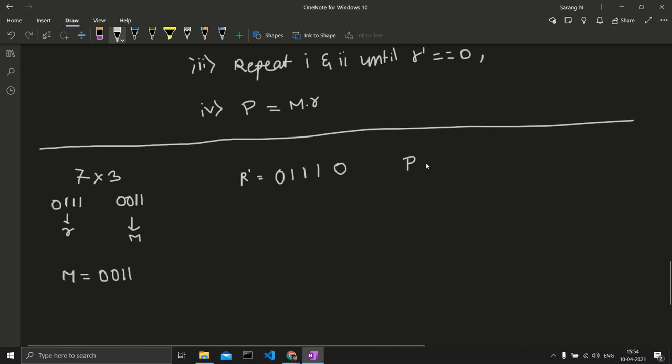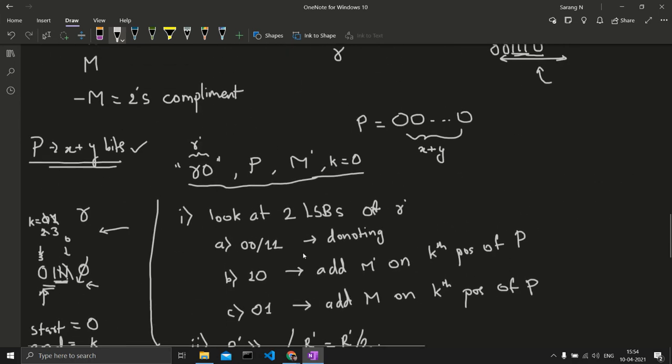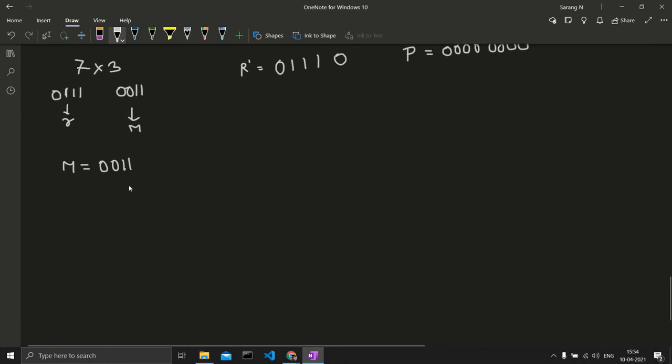I have product p equal to 4 plus 4, we have 8 bits, so I have an 8-bit number, that would be all zeros. We have this p. Next we have to compute m dash. M dash would be 2's complement of this. So we know that 2's complement is, we flip the bits and add 1. We flip the bits and add 1 here. So this is the 2's complement of 3.